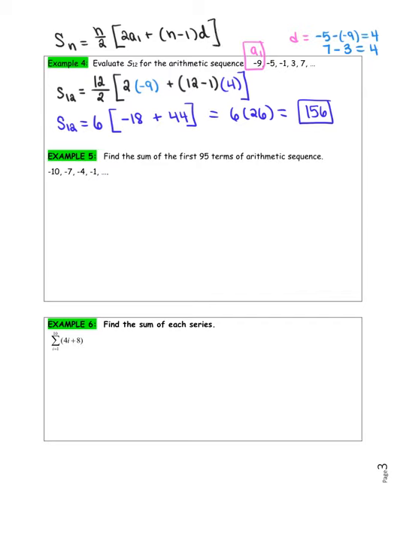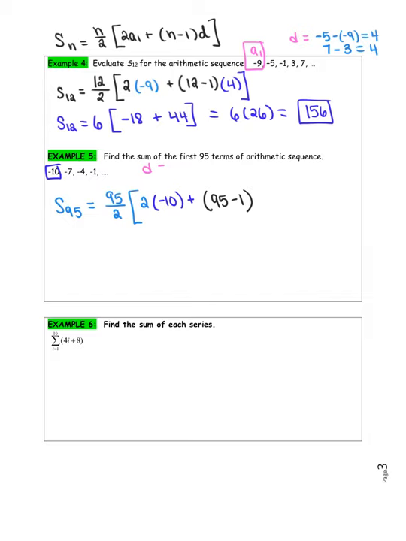Find the sum of the first 95 terms of the arithmetic sequence. So we're using the same formula again. So we have S sub 95 equals 95 over 2, parentheses, 2 times a1, which a1 is negative 10, close parentheses, plus parentheses 95 minus 1, close parentheses, we need to find d.